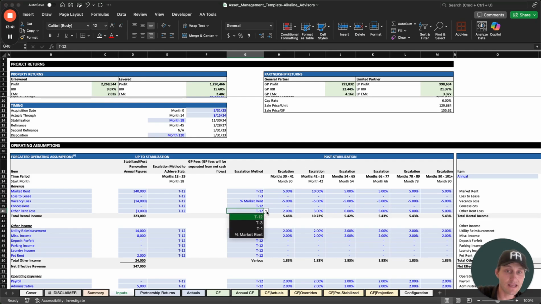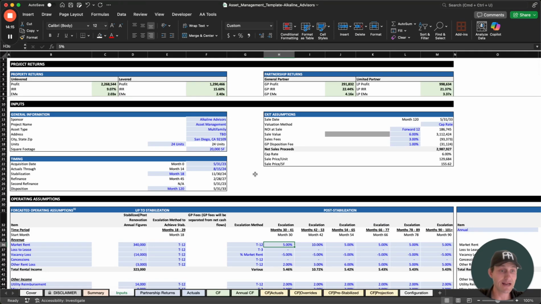And if we say it's not going to be a percentage of market rent, if we say we're going to trend the T12 of stabilization growing at 2% annually, this percentage will be growing whatever that T12 is versus a percentage of that T12. I'm happy to dive a little deeper or answer questions if you haven't.